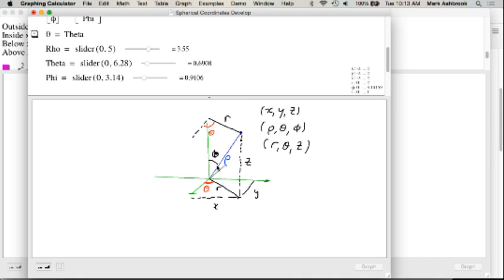So then this triangle right here becomes very important. This one that has rho and r, and then what is from here to here? That's also z, right? So we've got this triangle here with rho, r, and z, and phi. So how could we express z in the other coordinates? Z would equal what?